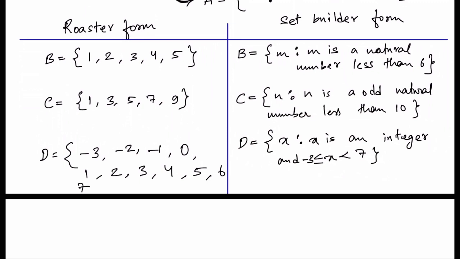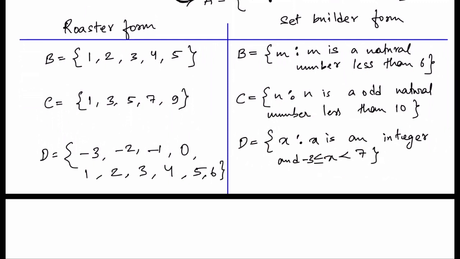But 7 will not be there. Why? Because here x is less than 7, not equal to 7. So we have to remove 7. Up to 6 will be the elements here.